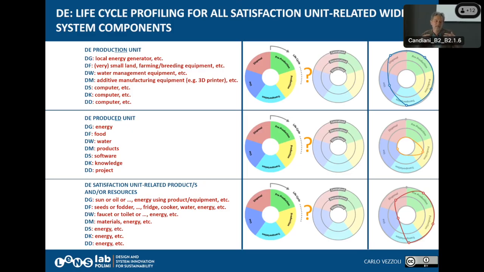We are not going in the design exercise to build this kind of maps, but it's good to have in mind that there are different actors, there are different life cycle stages, and to think up to a system level brings inside the complexity, but without thinking about this complexity, we fail totally.